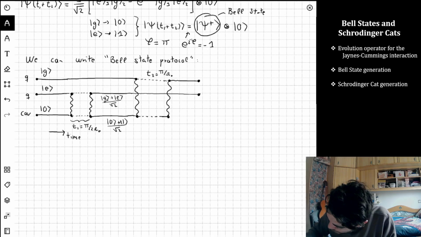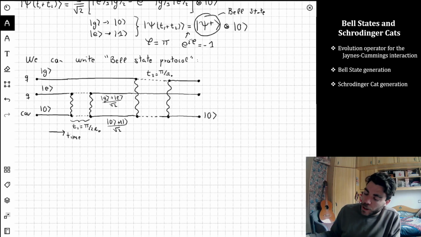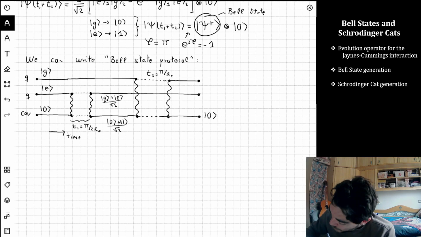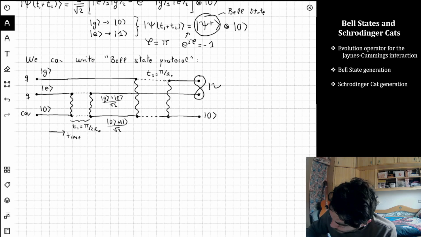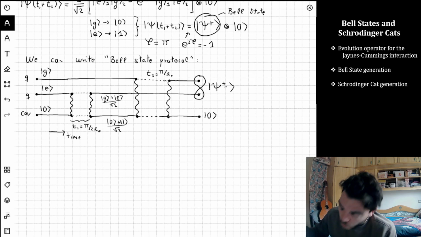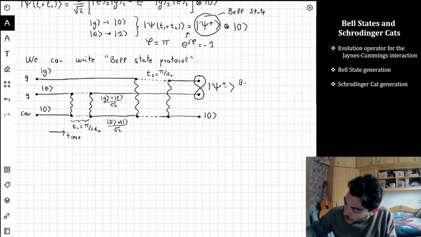And then what we saw is that in the final state the cavity is exactly with 0 photons, so the cavity is as it started, but these two qubits form a Bell pair. In particular, it could be phi plus or minus. It could be even a generalized Bell state, but this is a Bell state.